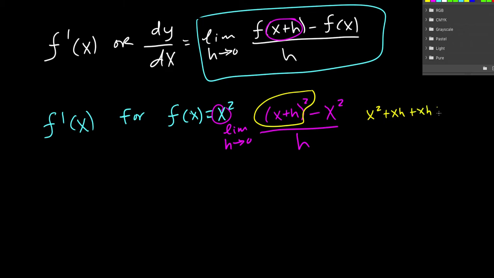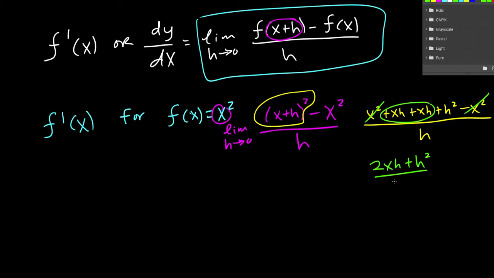And h times h is h squared, and then we subtract x squared. That's still over h, and we're still taking the limit, but our limit doesn't work yet. So we notice that these cancel each other. We notice that these combine to 2xh, and then we still have our h squared. Once again, we still have division by 0, so I'm not going to write my limit yet.